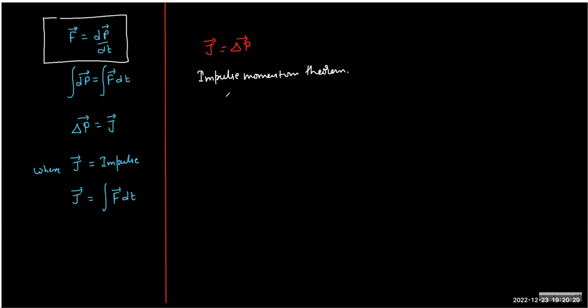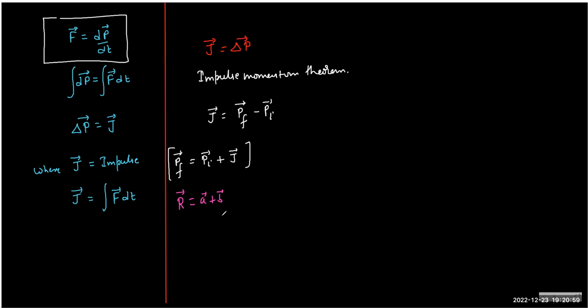And this you can rewrite in general as J equals P final minus P initial, right? That's the definition. So you can also write P initial plus J is P final. If you remember the vector chapter, resultant of two vectors A and B, how do we write?